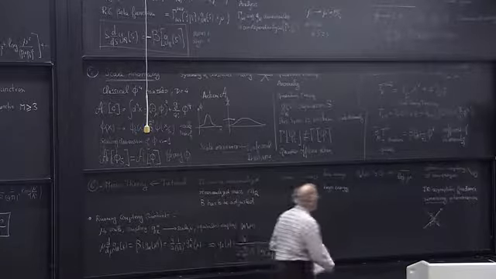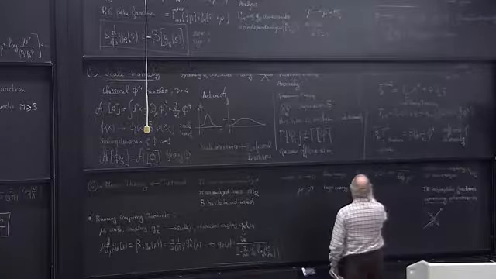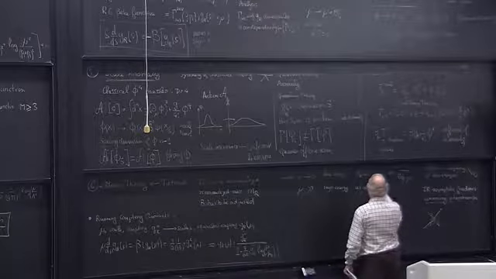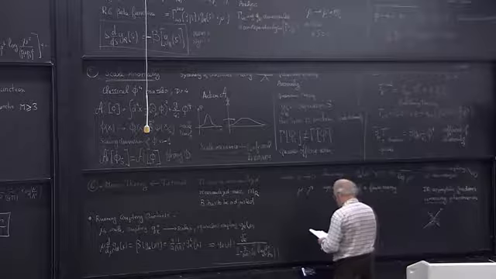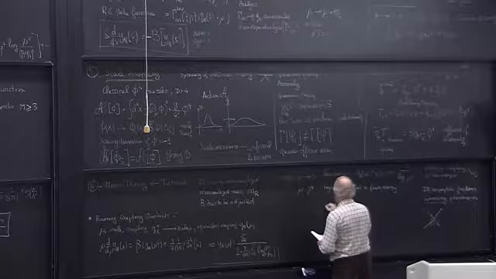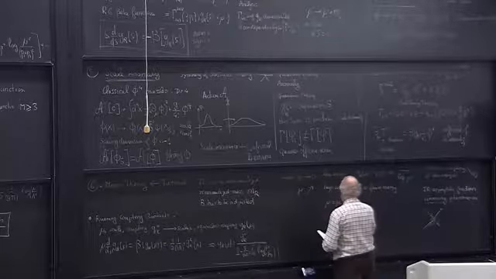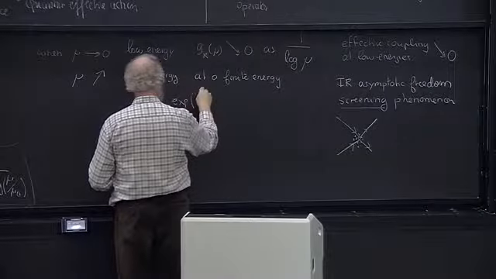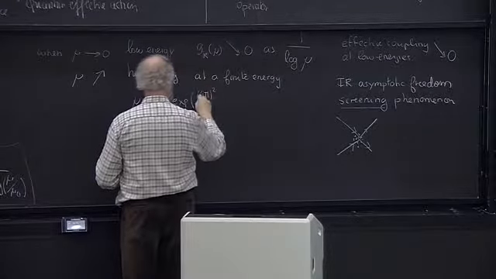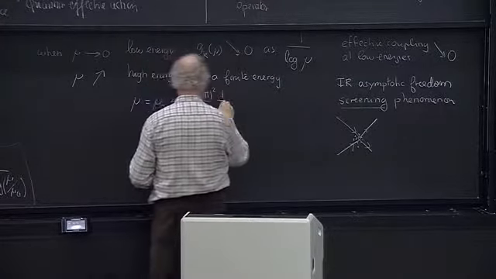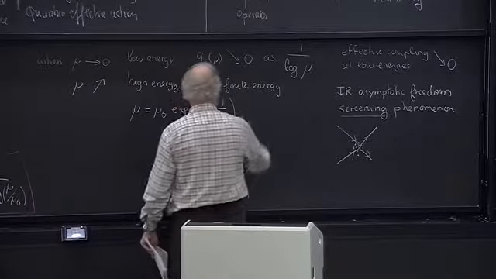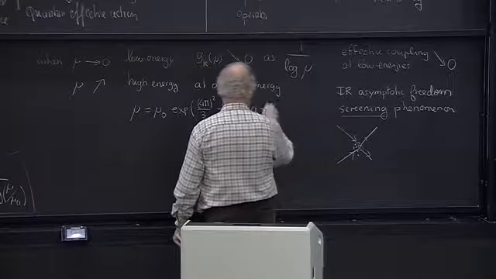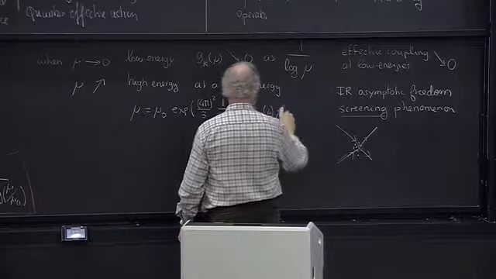So it means that at a finite energy scale, which you can compute easily, which is mu equal mu0 exponential of 4 pi squared divided by 3 times 1 over g_R0, then g_R of mu becomes infinite.